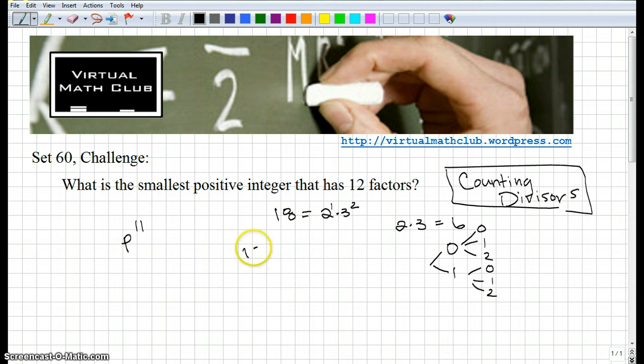So 12 is 3 times 4, which is 2 times 2. So 12 is 2 squared times 3. And the factorizations of 12 are either 1 and 12, or 2 and 6, or 3 and 4, or we can do 2 times 2 times 3. So let's look at those options.